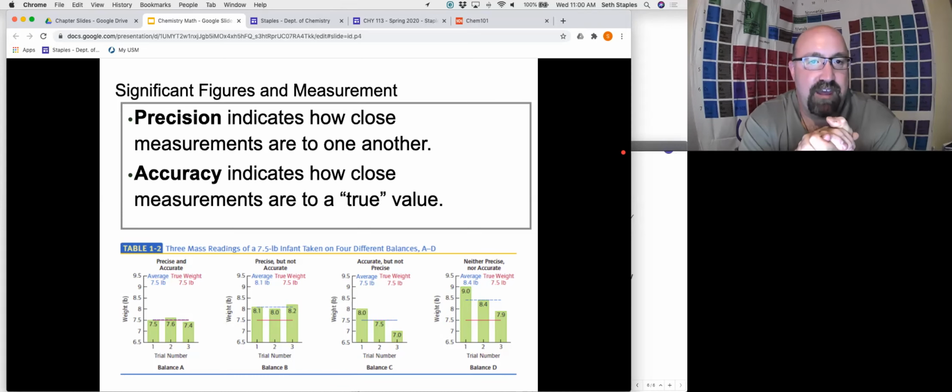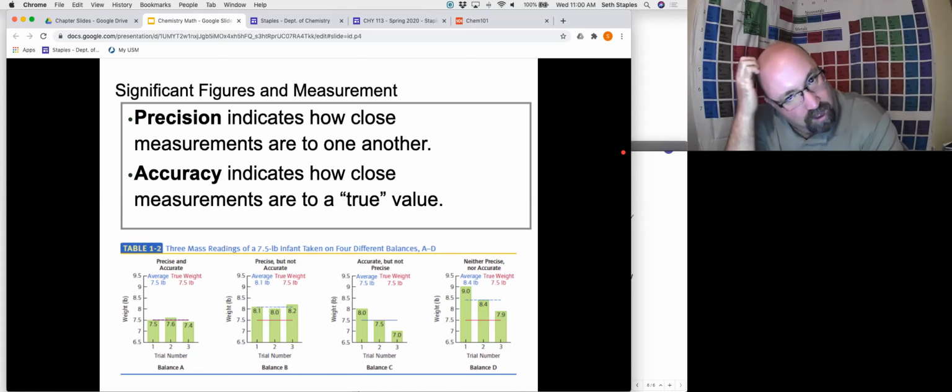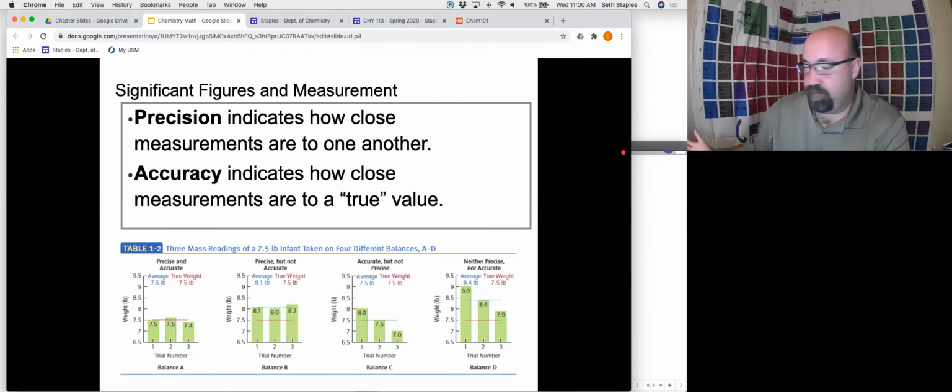Precision of a data set is going to indicate how close all measurements are to each other. Usually, and you'll see this when you take lab in 114, you'll never take just one measurement and say, okay, measurement done, that's it. You're going to take a series of measurements most of the time, compare them to each other, and average them out to get your actual measurement.